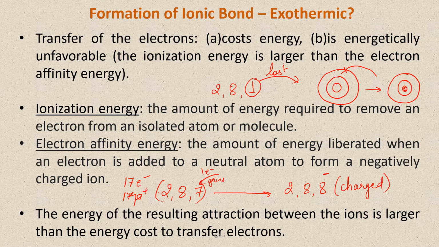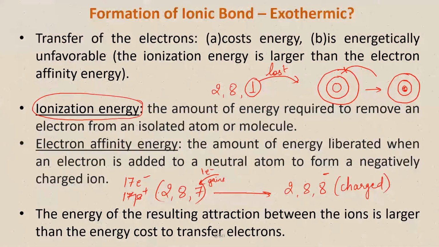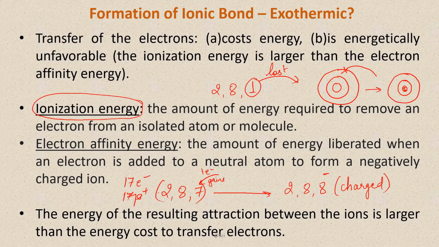The ionization energy is larger than the electron affinity energy. Here, the ionization energy is much larger as compared to the electron affinity energy. The energy of the resulting attraction between the ions is larger than the energy cost to transfer electrons.